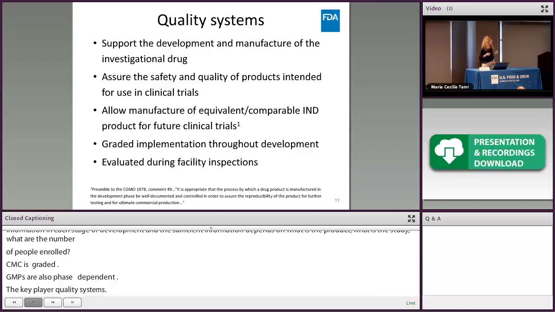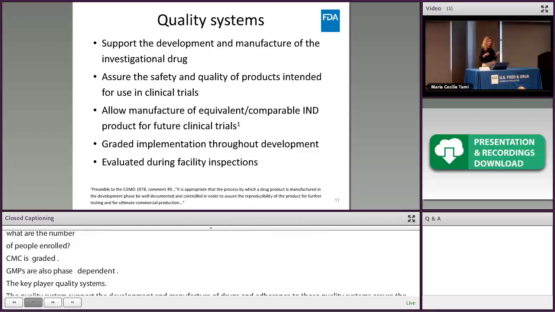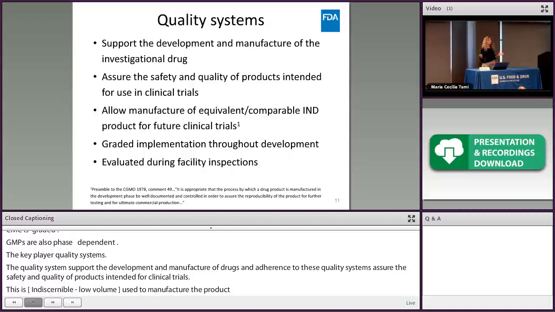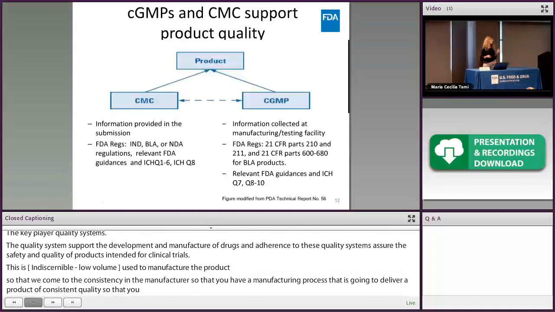And this is done by appropriate monitoring and control of the whole process that is used to manufacture the product, so that, again, we come to the consistency in the manufacture, so that you have a manufacturing process that is going to deliver a product of consistent quality, so that you can build all the information that you gather through phase 1, 2, and 3 until you get to commercial. The implementation of the quality systems is also graded, and they are mostly evaluated during an inspection.